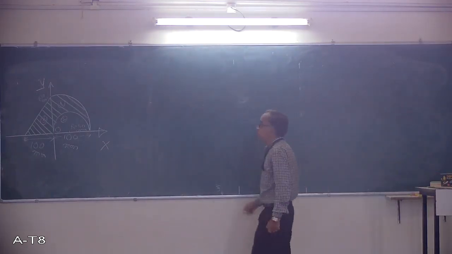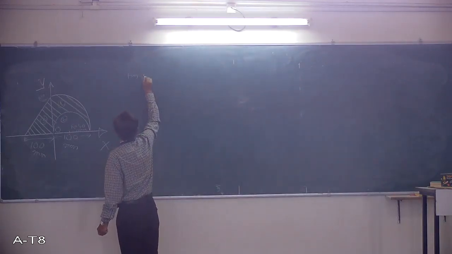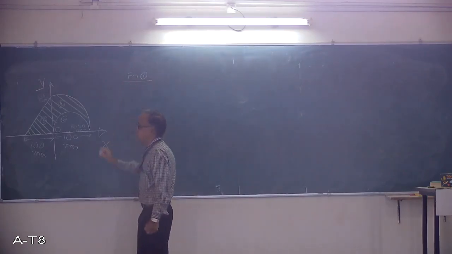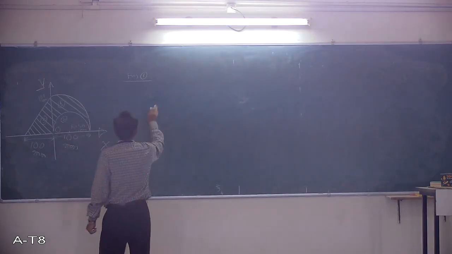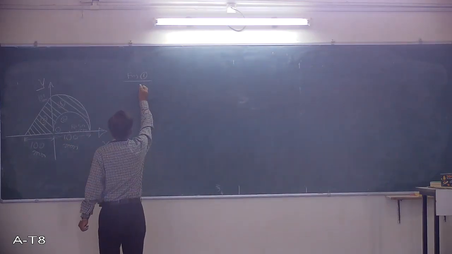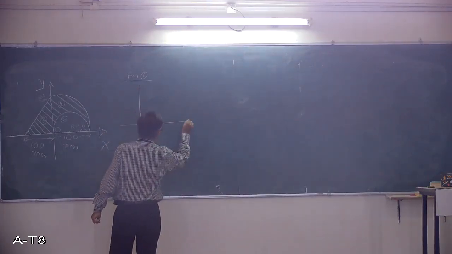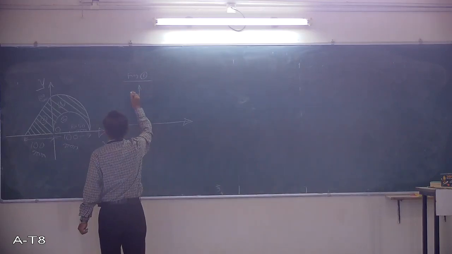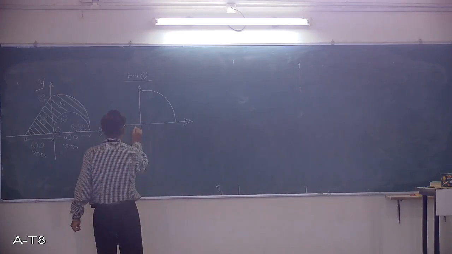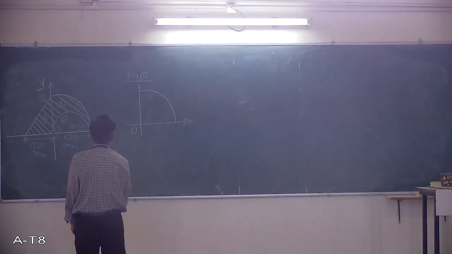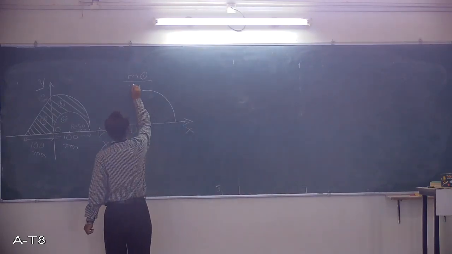First, write figure number 1. As I told you, it is a quarter circle. I draw the figure along with x and y axis. So this is the origin point, this is the x axis, and this is the y axis.